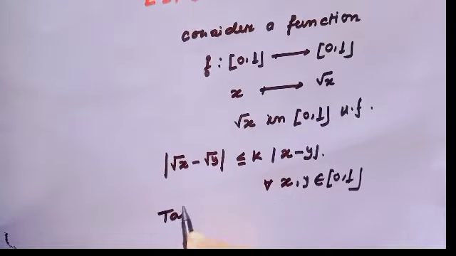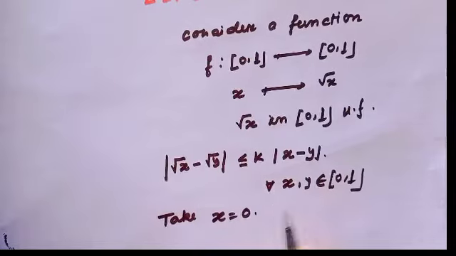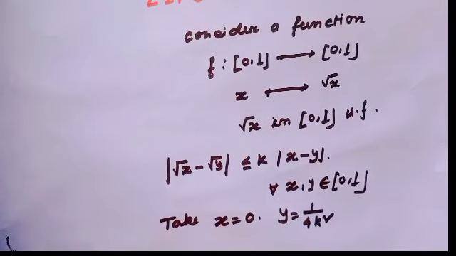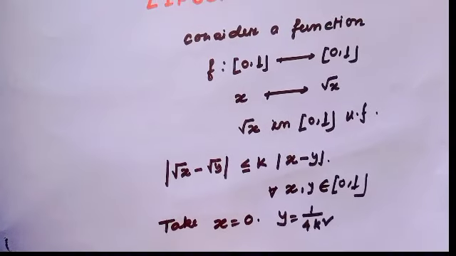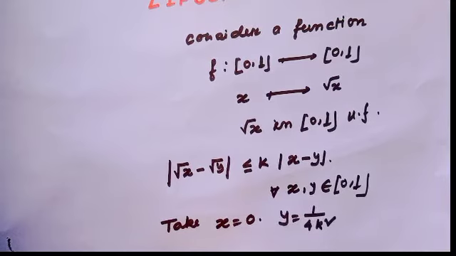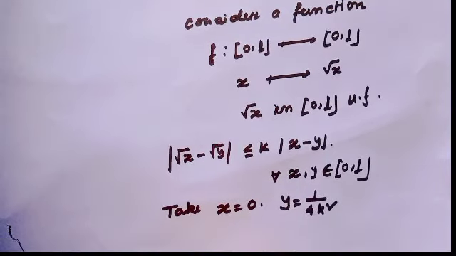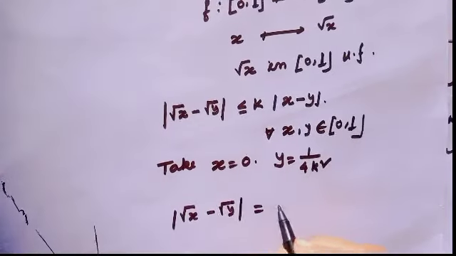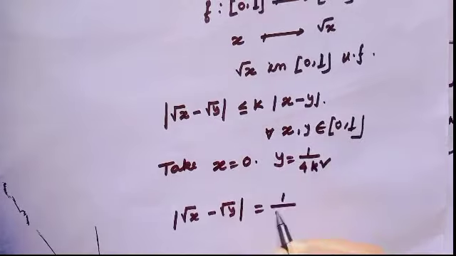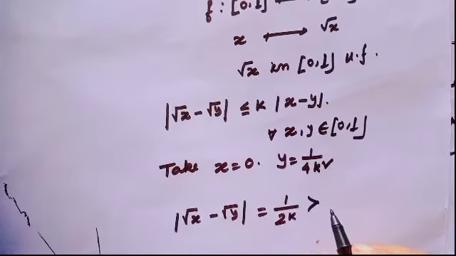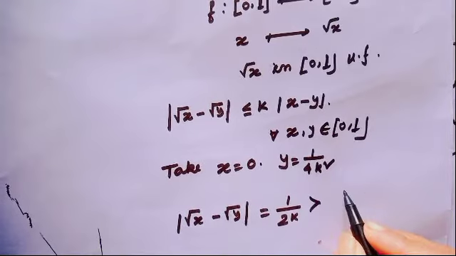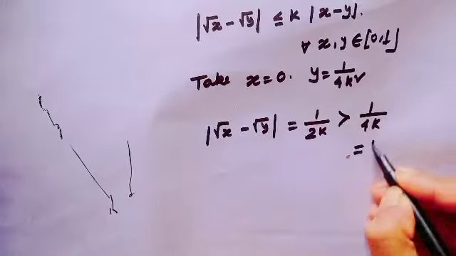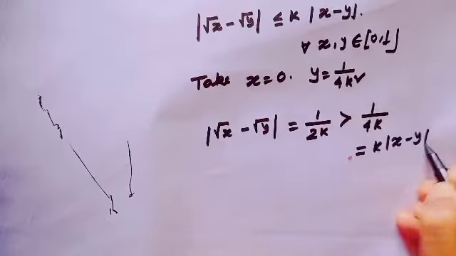Take the point x equal to 0 and y equal to 1 over 4k square. Put the value. Notice, after putting, root x minus root y equals 1 over 2k, which is always greater than 1 over 4k, which is equal to k times absolute value of x minus y.